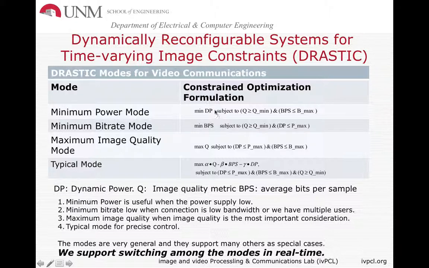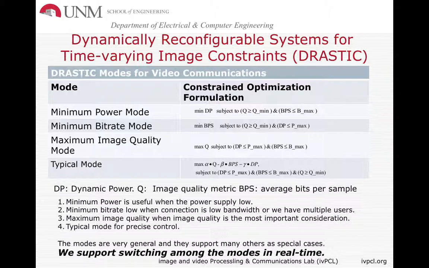Don't consume very much. You're minimizing that, while still you maintain a level of quality that makes diagnosis possible. And the bit rate here, in other words, the bandwidth, stays within the bounds of your network. Okay? So we have this minimum power mode that the users will be able to switch to save power.